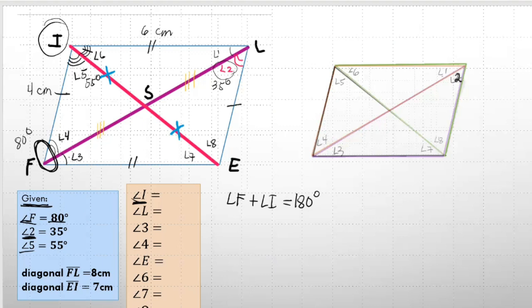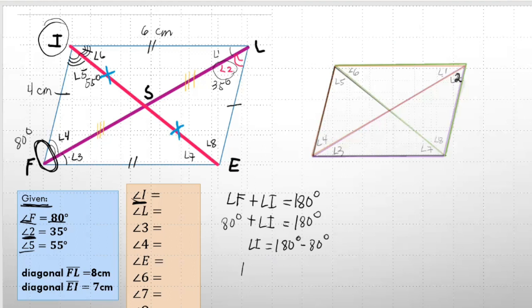Since angle F is 80 degrees and angle I ay wala pa, then must be equal 180 degrees. So the method is to transpose lang natin to find the angle I. So, angle I is equal to 180 degrees minus 80 degrees kasi pag nag-transpose tayo, it will change the sign.